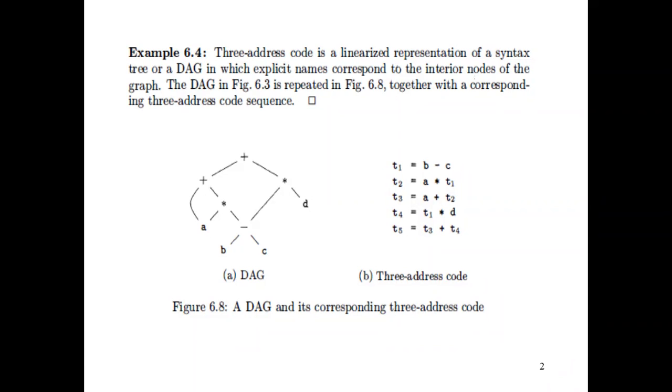The computer can understand only machine language, so the intermediate codes are nothing but mnemonics or in the form of assembly language. This is the way to convert the source program into the machine language.